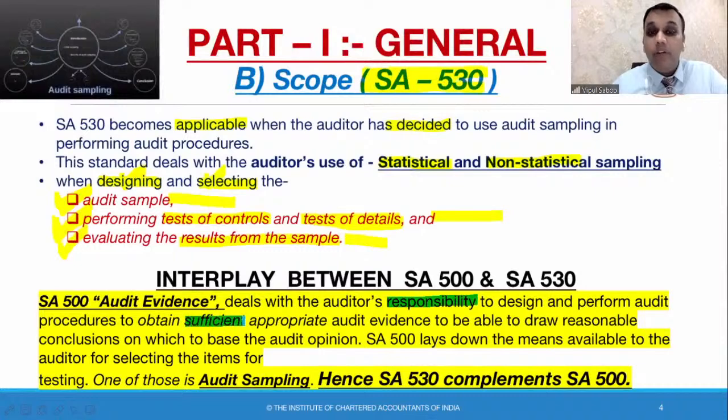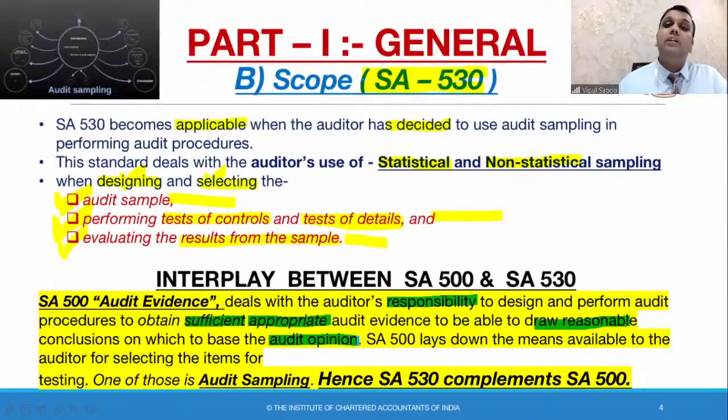We have covered this already. Sufficient means quantitative, a good quantum. And appropriate. Appropriate means relevant, significant. Audit evidence to draw reasonable conclusions on which his audit opinion will be based.